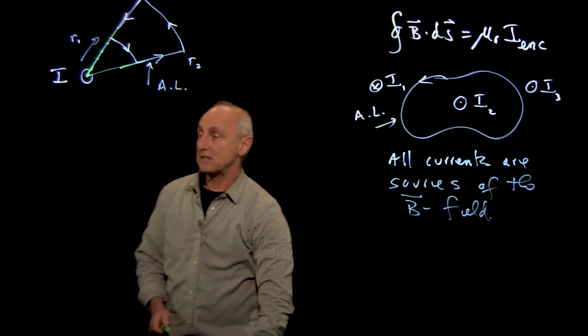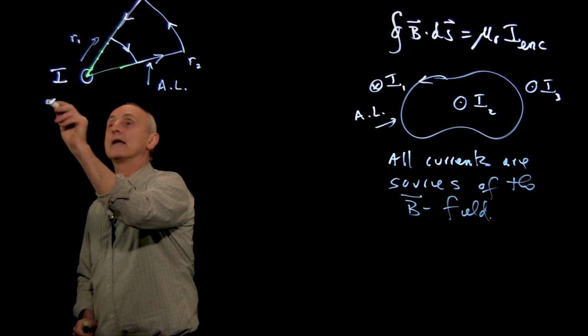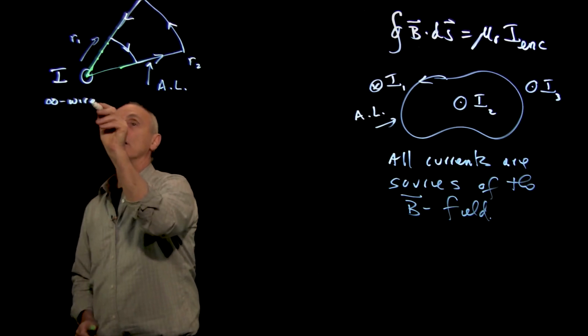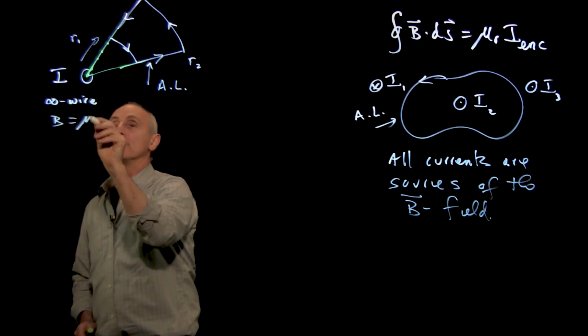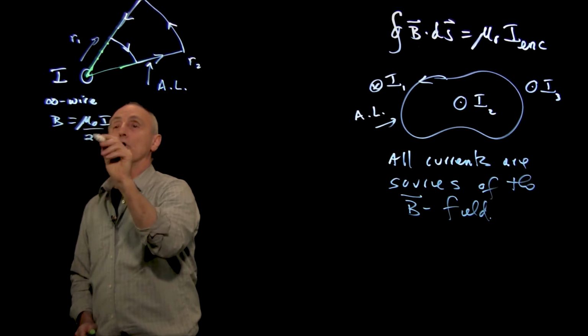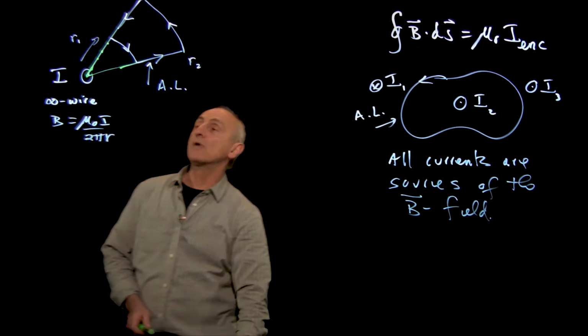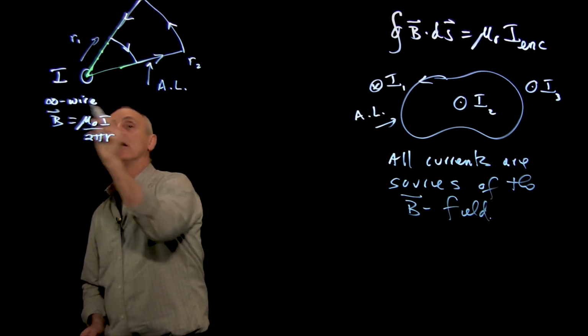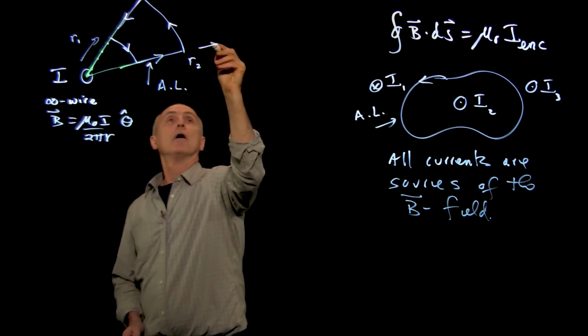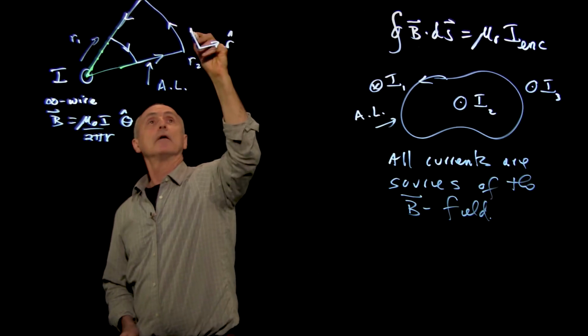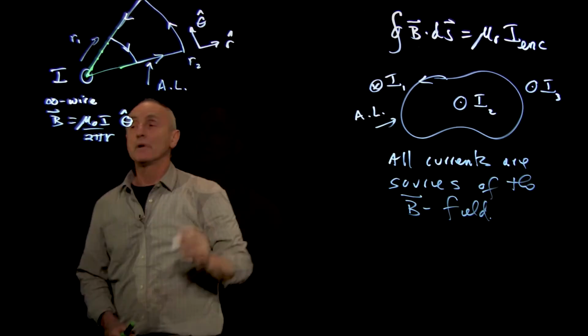And I'll use this as a very long, again, an infinite wire, where the B field magnitude is mu naught I over 2 pi r. Remember this field, if we chose our coordinate system, r hat, theta hat.